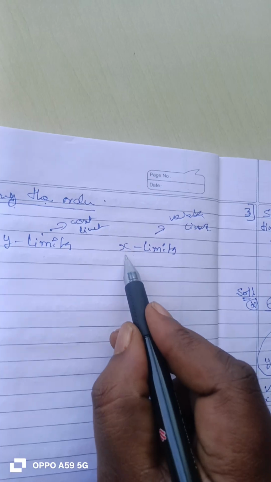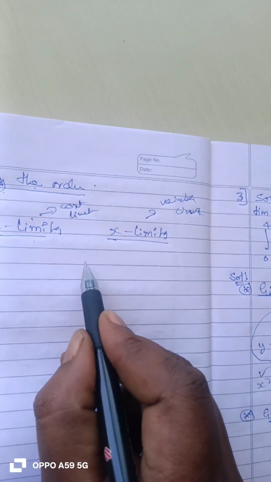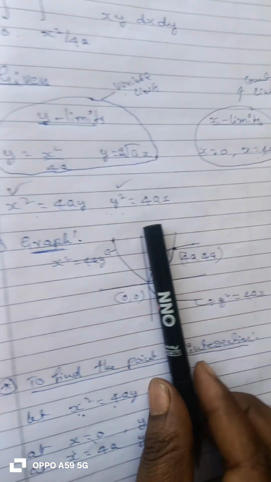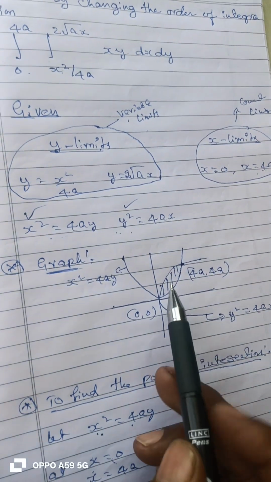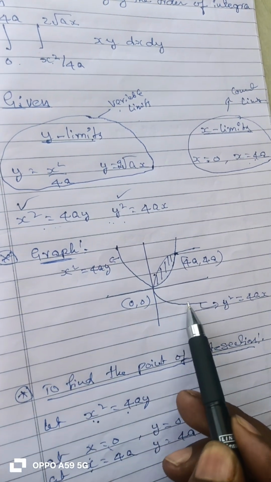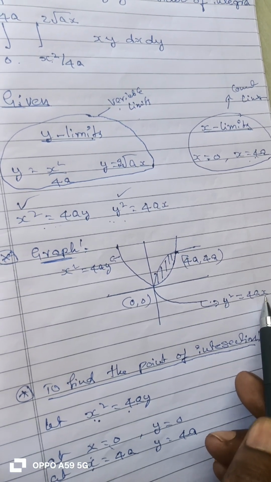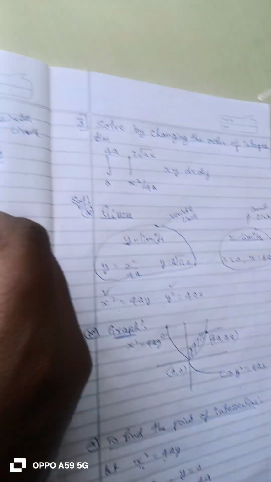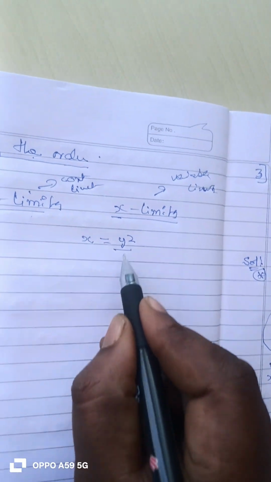So you can observe from the graph, for the x limit, x is varying from the x-axis, towards this direction. The lower curve will be this one. It means here you can observe x will become y square divided by 4a.